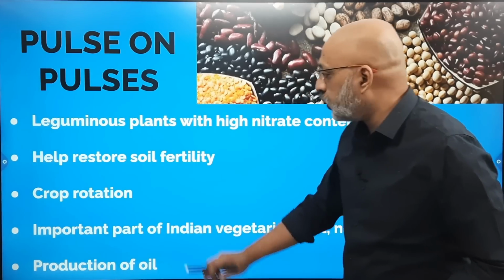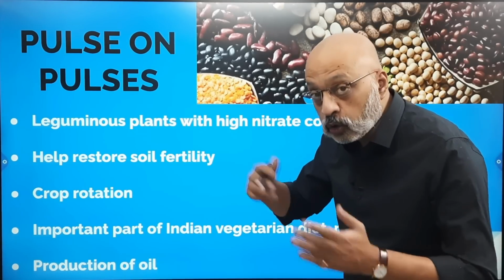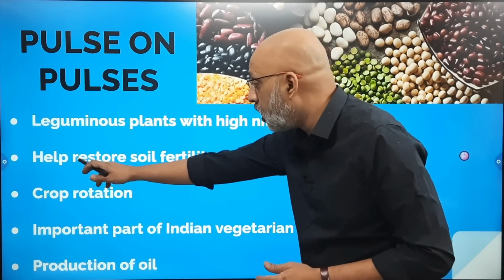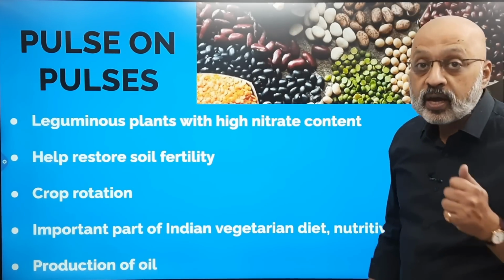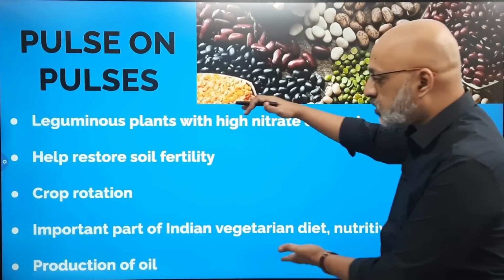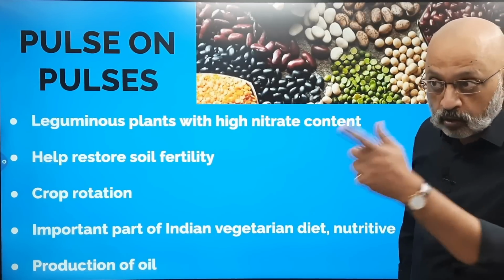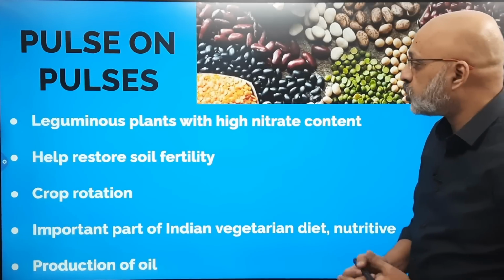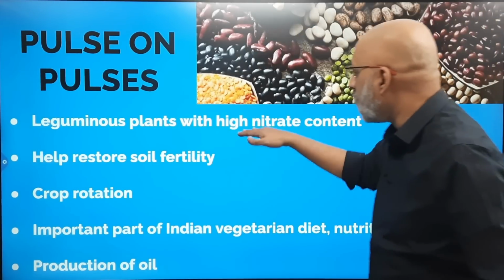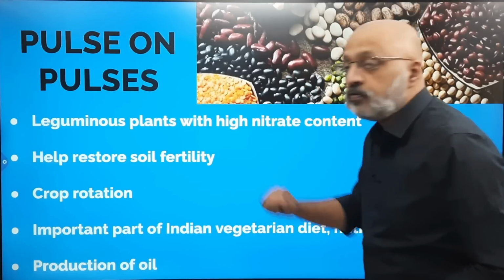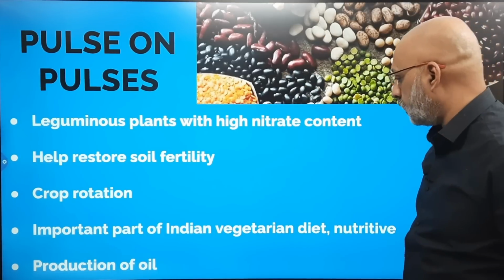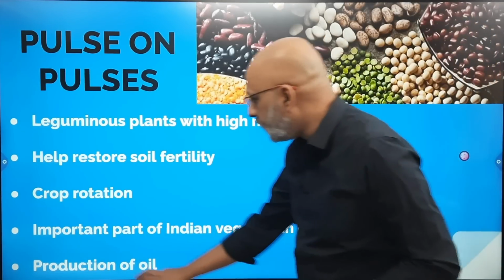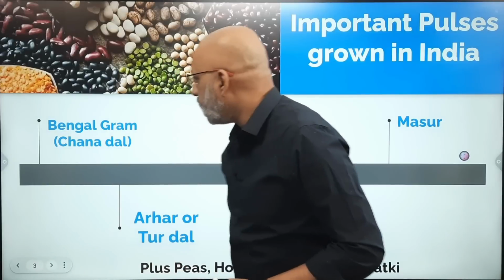They are used for crop rotation because they help restore the fertility of soil. So these 5 points that I've written out here, also mentioned in the notes, are extremely important. Please make sure that you do not miss out on any of the keywords that are used here. Okay, let's move on to the next one.